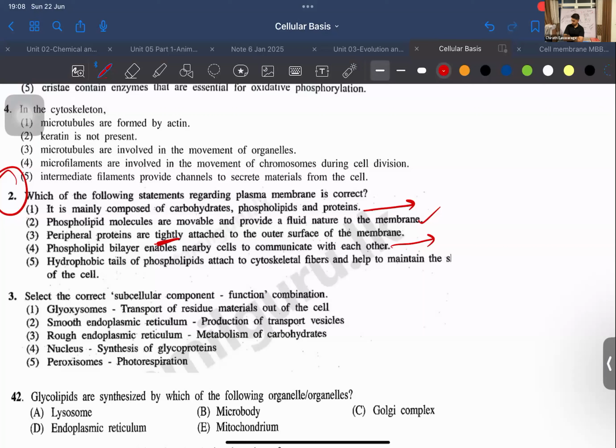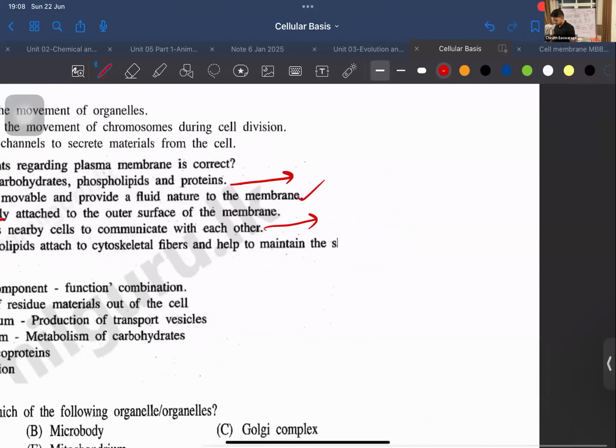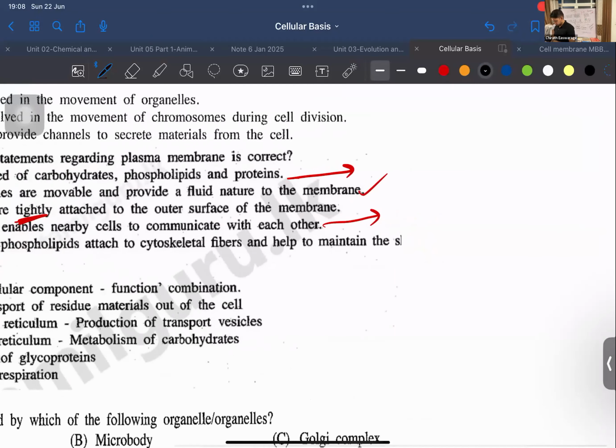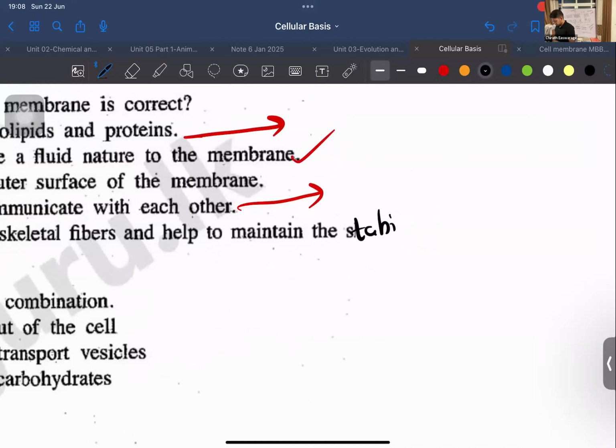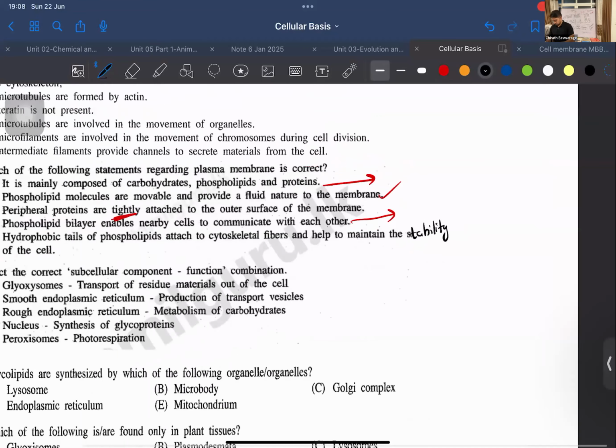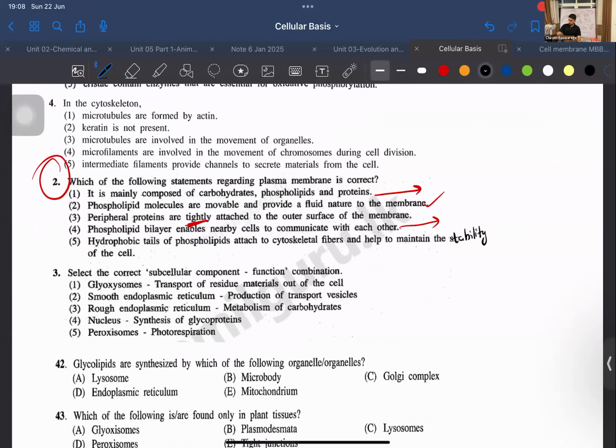Then hydrophobic tails of phospholipids attach to cytoskeletal fibers and help to maintain stability. It's missing a word, I apologize. Just be stability. Cytoskeletal fibers have a role in stability, but does it have to do with hydrophobic tails?